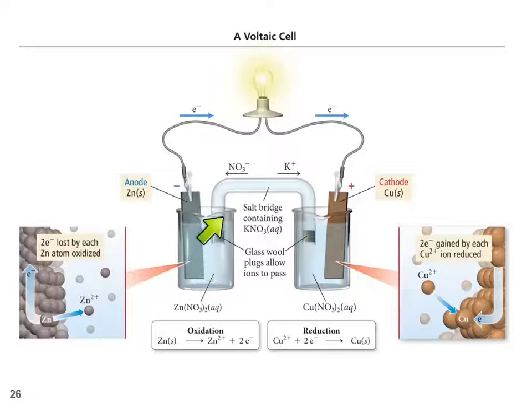They will work their way into here eventually and travel around. And so it'll pretty much keep going until your zinc is gone or until the copper ions over here are gone. And then it'll stop. It'll slow down, though, because it is dependent on concentration as well. Any questions?